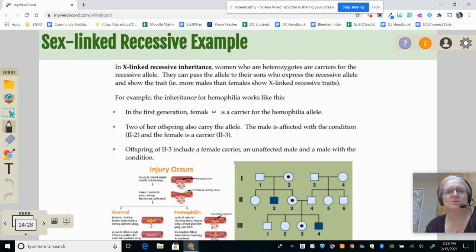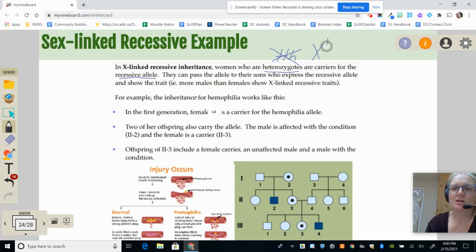When it's recessive, women who are heterozygous are carriers for the recessive allele. So if you're like that, you're a carrier in this case, right? Except now we're talking sex-linked. That's how we would write it for autosomal, but now we're talking sex-linked.